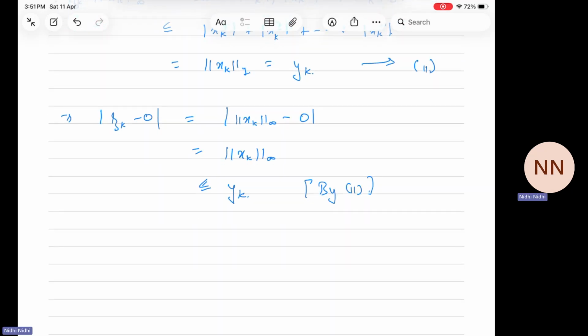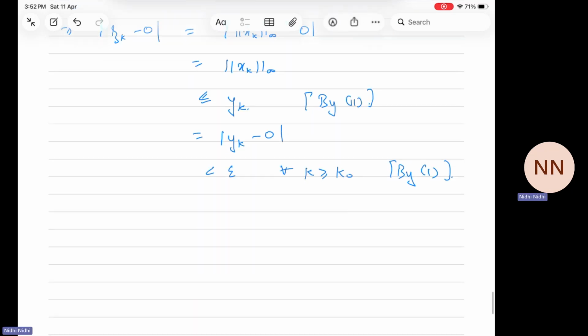So this is equal to mod yk minus 0, because yk is positive, and this will be less than epsilon for all k greater than or equal to k0. And this happens by first. Therefore, mod zk minus 0 is less than epsilon for all k greater than or equal to k0.